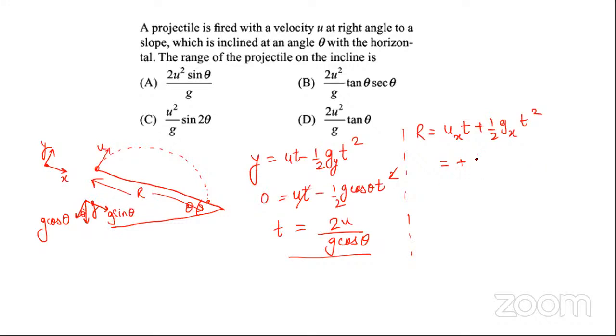So it becomes plus half g sine theta into t square. Now we can substitute t from the first equation and it comes as half g sine theta multiplied by 4 u square upon g square cos square theta.